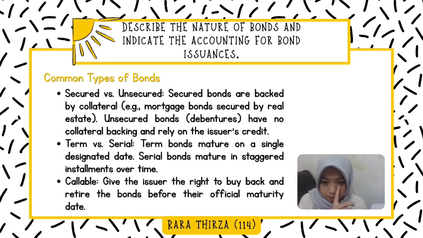The next type is term versus serial. Term bonds mature on a single designated date, and serial bonds mature in staggered installments over time. Then we have callable bonds, which give the issuer the right to buy back and retire the bonds before their official maturity date.